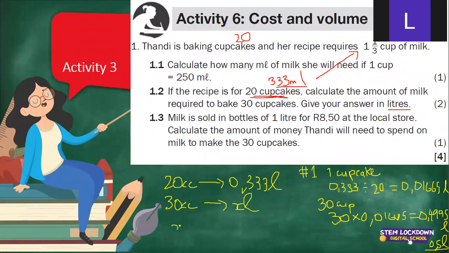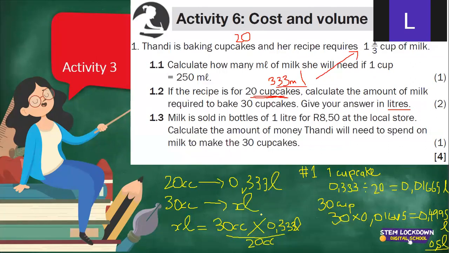You say the unknown will be equal to, make this the subject of the formula, right? It will be 30 cupcakes times 0.333 liters divided by 20 cupcakes, and then you get your answer.